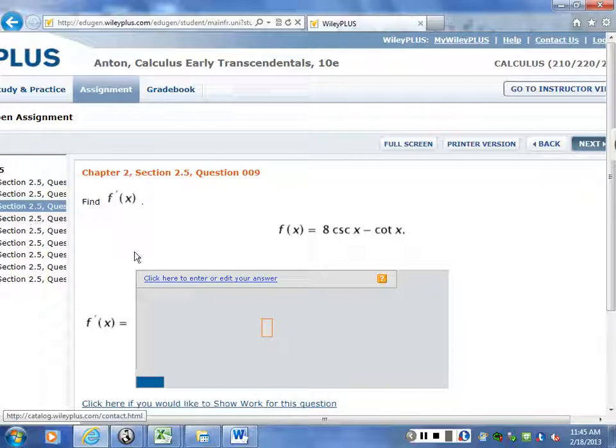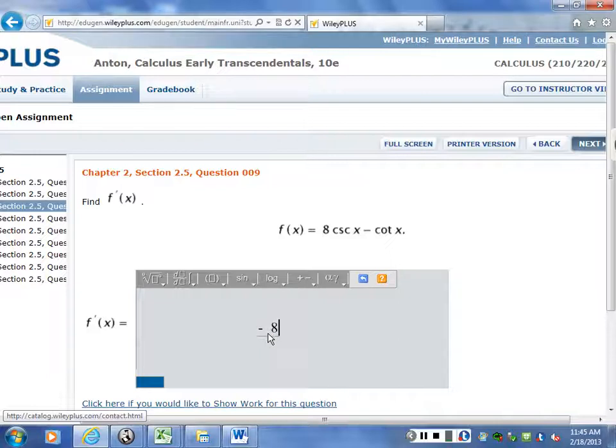Here, like I said before, I could write this as a quotient minus a quotient, just like what we did in the notes. We took the derivative of cosecant and the derivative of cotangent. If I have them memorized, I don't have to do that. I just take, just like I did with the first example with sine and cosine, what's the derivative of cosecant? Negative cosecant times cotangent.